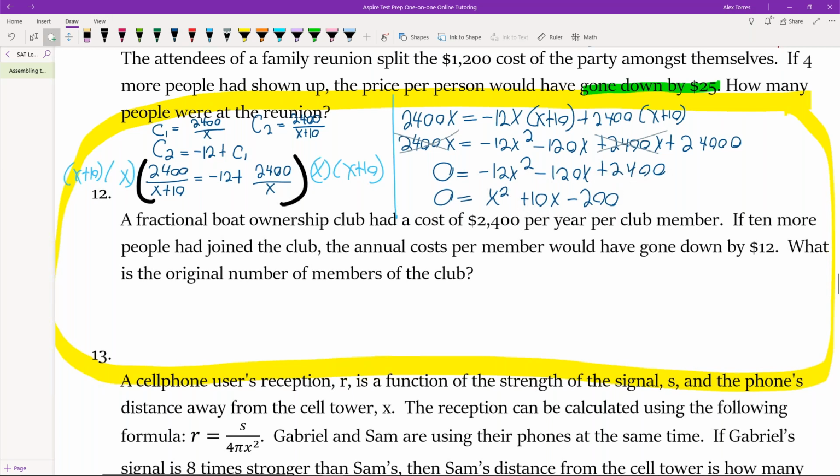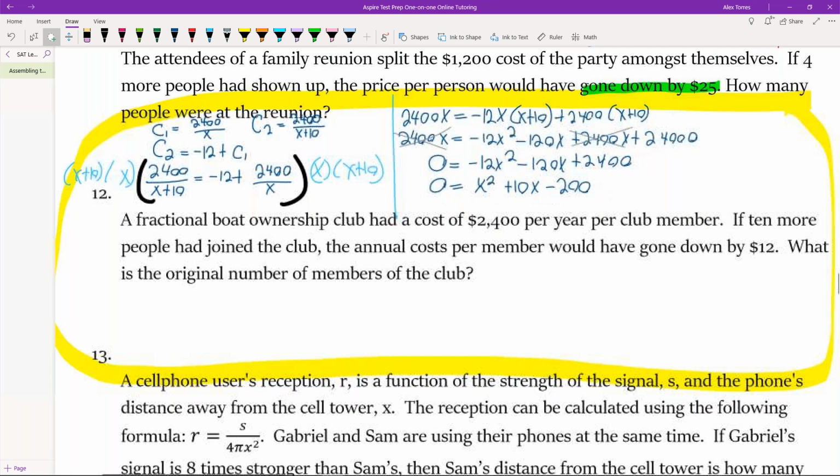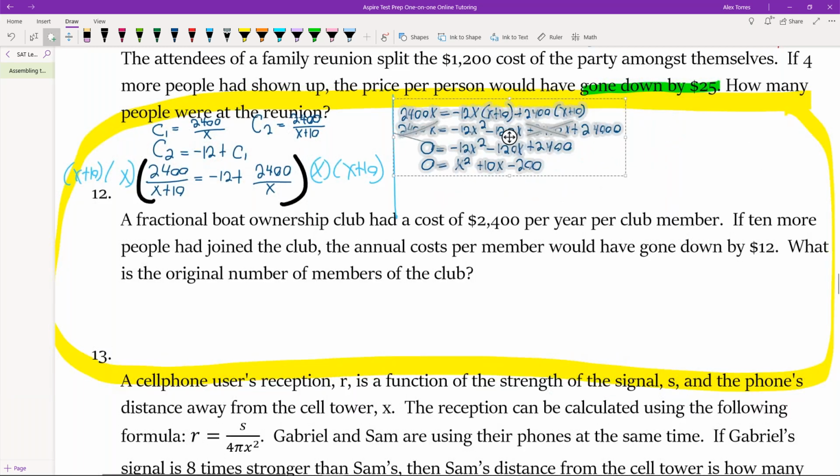So we'll shrink this down a little to get to the next column. And what two numbers add to 10 and multiply to negative 200? That's a little easier than before. The numbers that would do that would be x plus 20 and x minus 10.